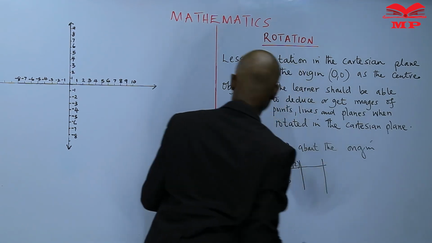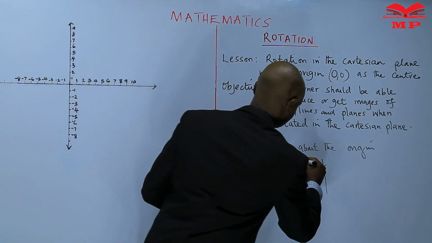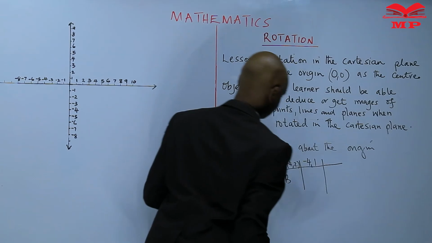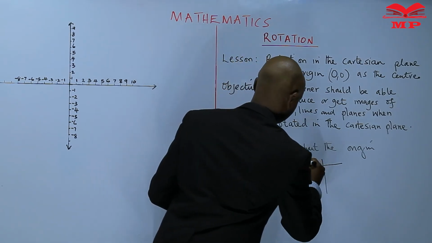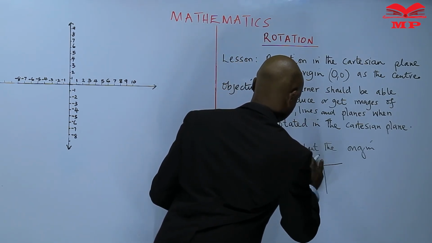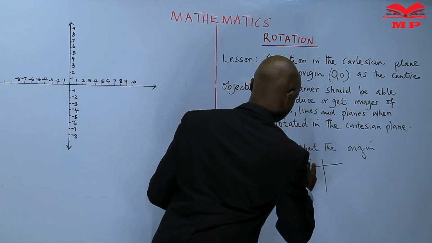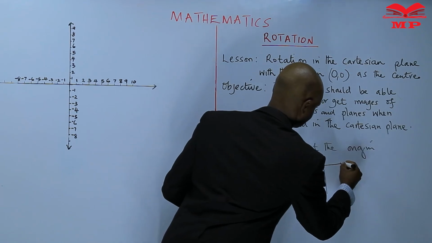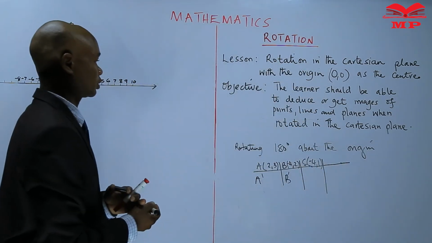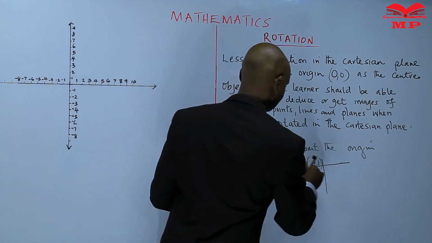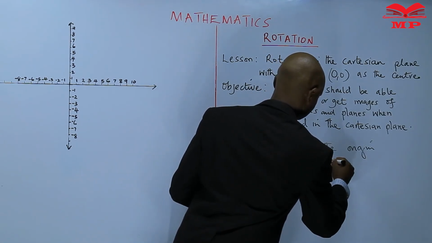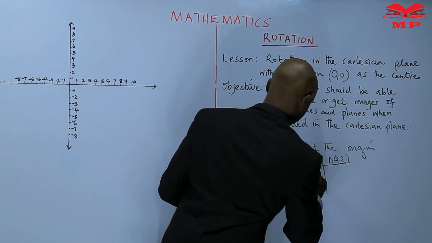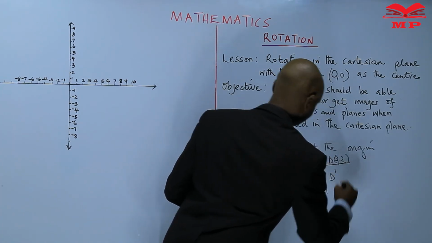We can choose C, -4, 1. And the last point, we can choose D, 3, 2. So we shall get the points A prime, B prime, C prime and D prime.